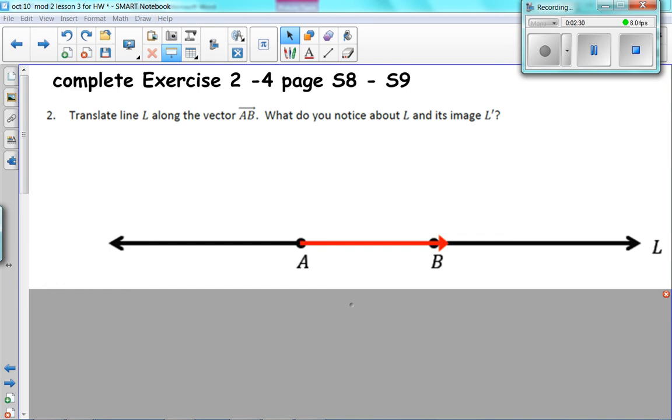Okay, so we're going to go over problem number 2. Translate line L along the vector AB. What do you notice about L and its image L prime? So let's do that now. Here's the vector, and this is line L. So we're going to translate line L along the vector, and we're going to create L prime.